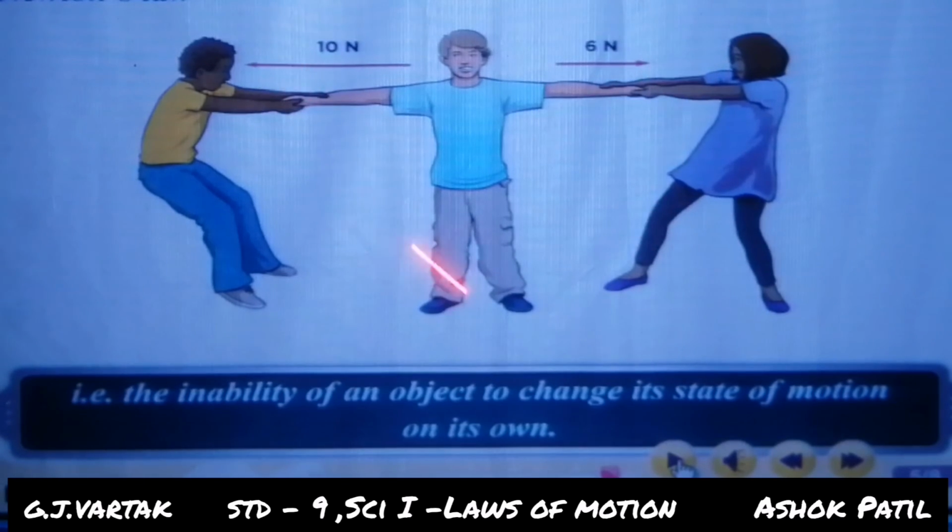You can imagine which force is greater. 10 Newton is greater, 6 Newton is smaller.